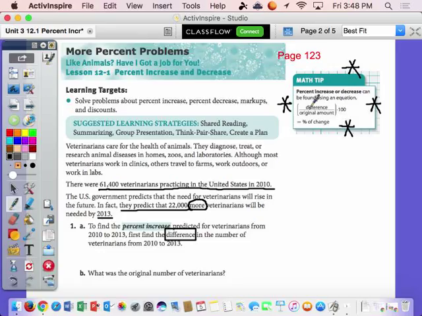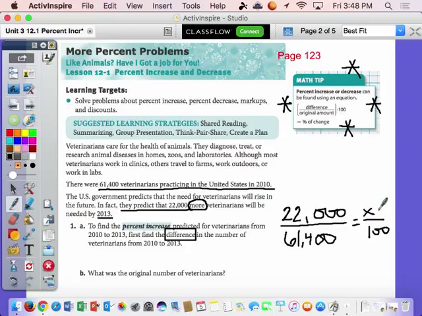So, what is our difference? How many more are they going to need? 22,000. All right. Out of how many did they start out with? 61,400 equals X out of 100. X percent out of 100%.